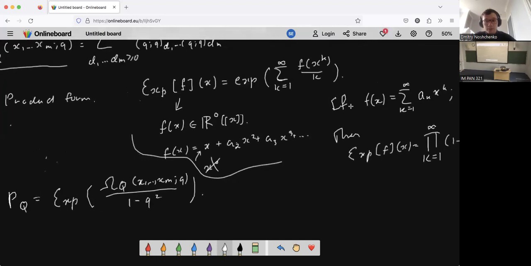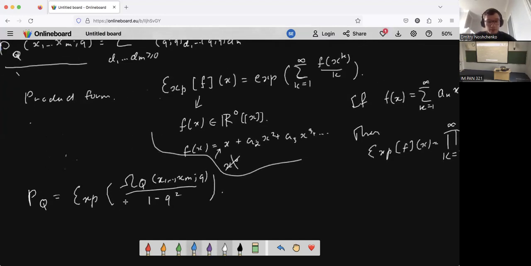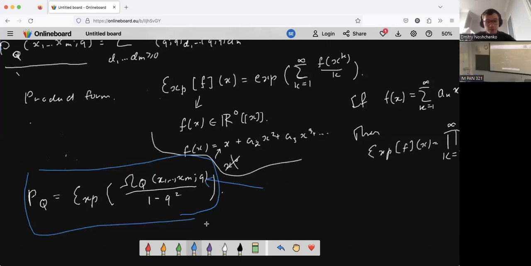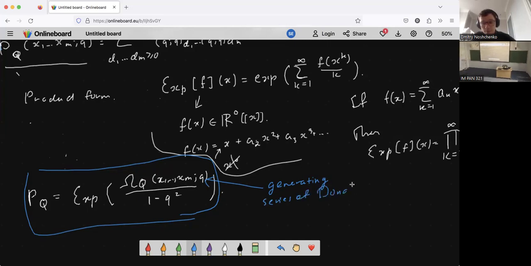And now it's very important. This is basically the second definition of the quiver series, where this object inside the exponent, this omega_Q, is called the generating series of Donaldson-Thomas invariants of Q.